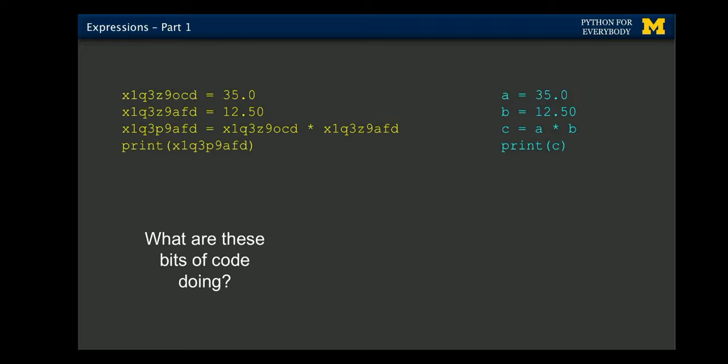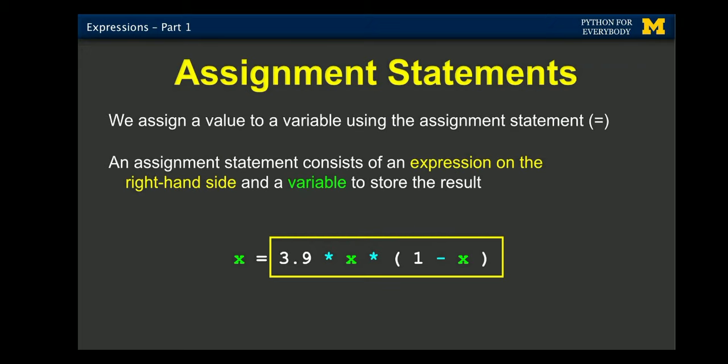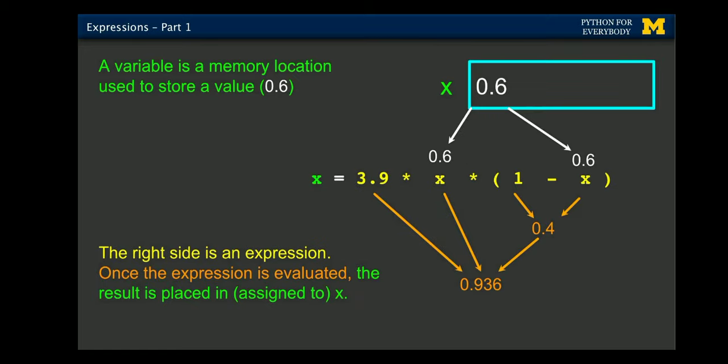We assign a value to a variable using the assignment operator. An assignment statement consists of an expression on the right hand side and a variable to store the result. As you can see below, x equals 3.9 times x times the bracket 1 minus x. A variable is a memory location used to store a value.